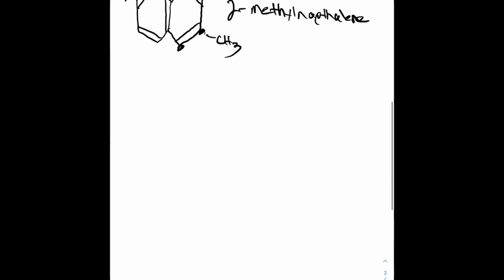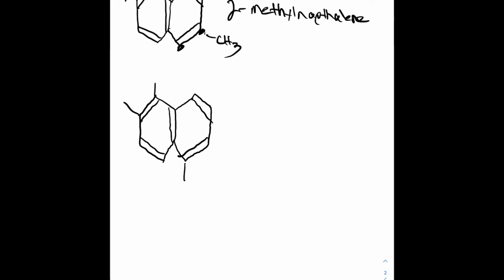What if we did something like this? So what if we had a methyl group here, methyl group here, methyl group here, and a methyl group here? Well, we would start where we ran into the most number of substituents first.